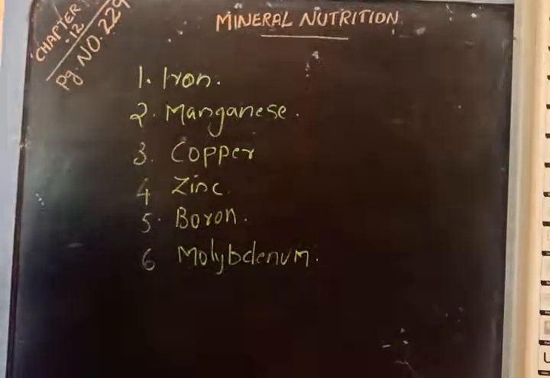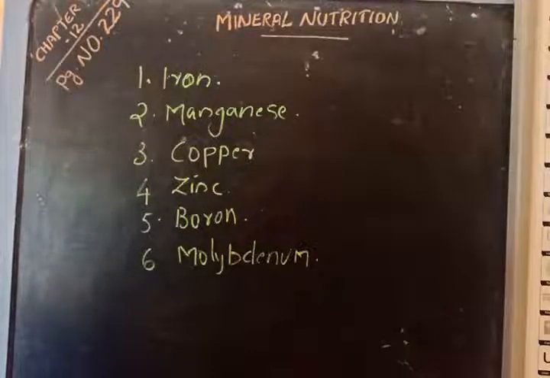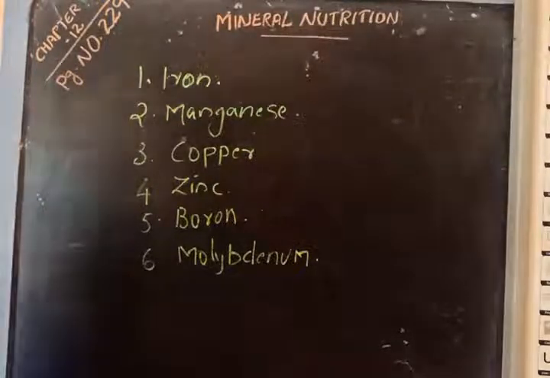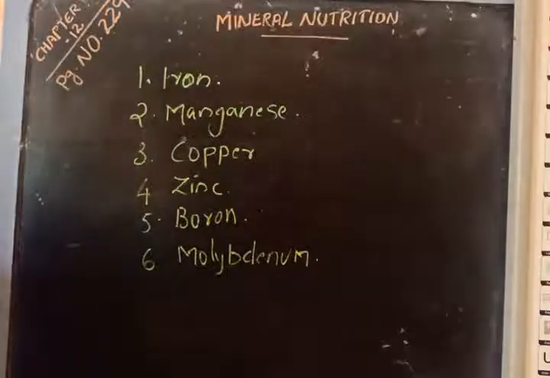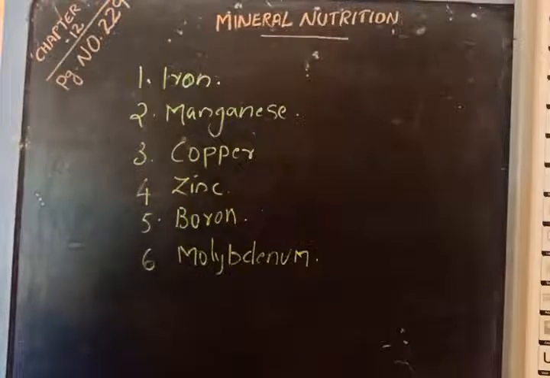We are going to look in detail at nitrogen fixation and nitrogen metabolism. Molybdenum plays an important role as a constituent of the enzymes nitrogenase and nitrate reductase, which are responsible for nitrogen fixation and nitrogen metabolism.